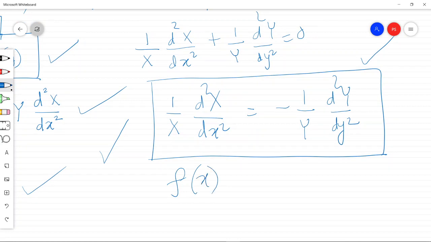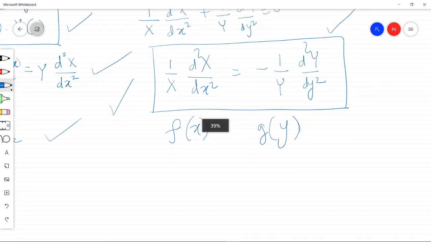On the right hand side, we purely have some other quantity which is a function of y alone. This is how we have achieved separation of variables, and this works very well in most of the cases of partial differential equations.